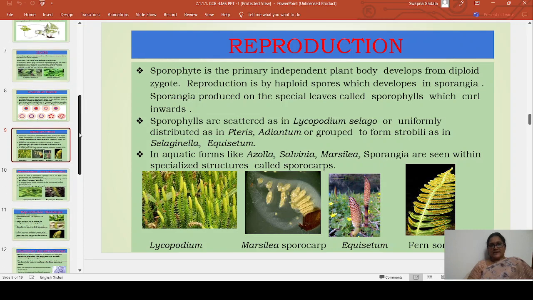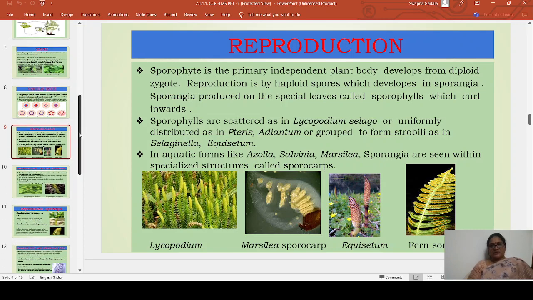Now let us see something about reproduction. Coming to reproduction, the sporophyte is the primary stage of the pteridophytic plants. It is an independent stage, and this sporophyte develops from the germination of the diploid zygote. Generally, reproduction happens in pteridophytes by haploid spores. These spores develop in special sac-like structures known as sporangia.